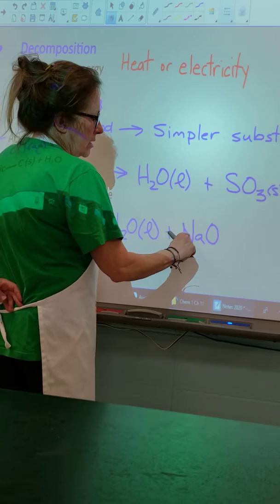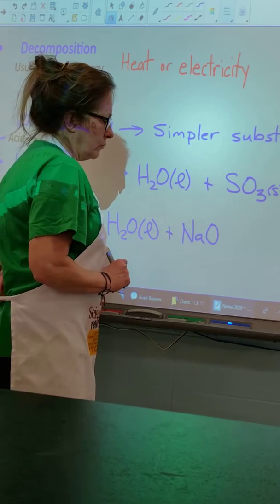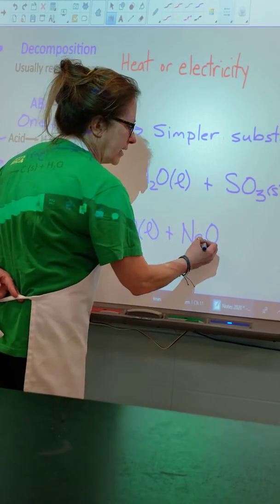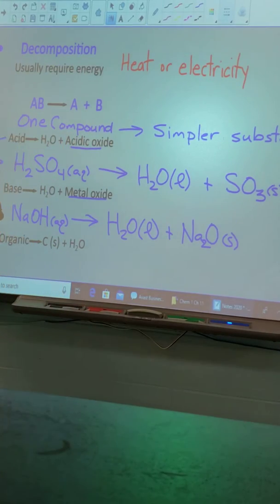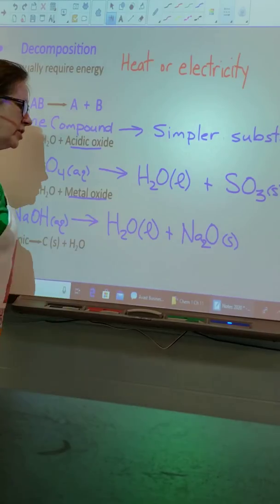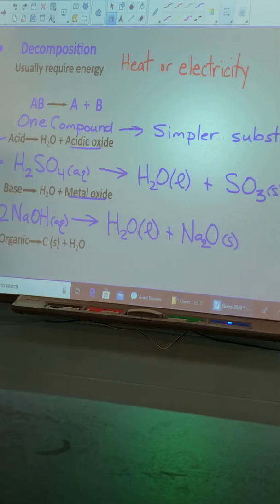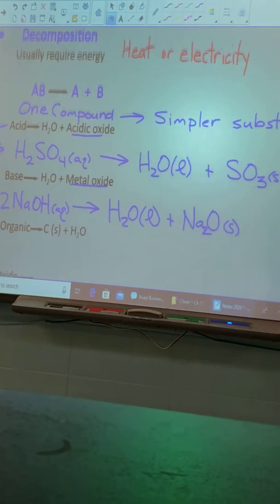Okay, sodium is +1, oxide is -2, so if I crisscross, metal oxides are solid. If you look at your solubility rules, same with nonmetal oxides. Okay, balance it. 2 sodiums, 2 sodiums. 2 oxygens, 1, 2 oxygens. 2 hydrogens, done.